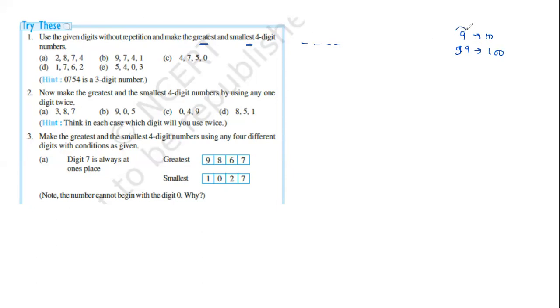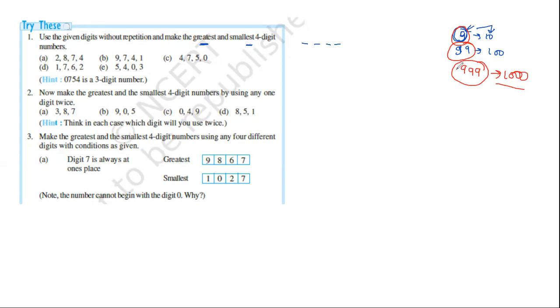So after this 9, my 2-digit numbers get started, but this is a 1-digit number. In short, 9 is the greatest 1-digit number, 99 is the greatest 2-digit number, 999 is the greatest 3-digit number, like this.